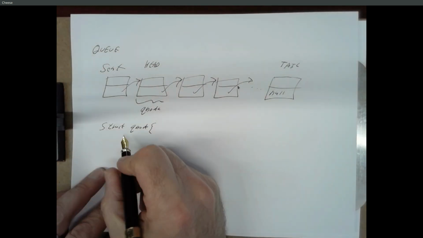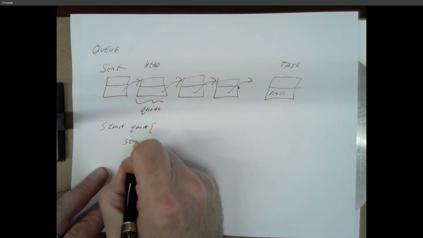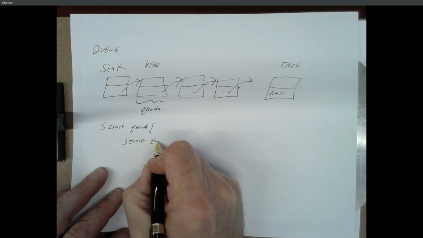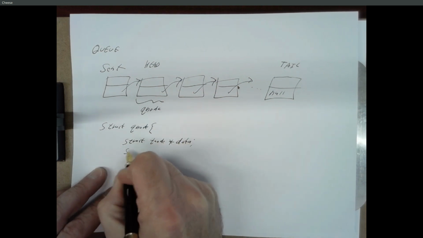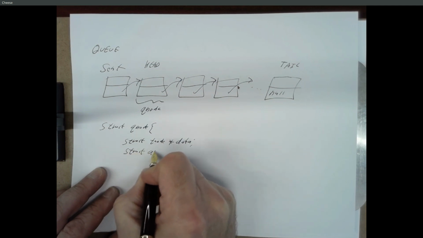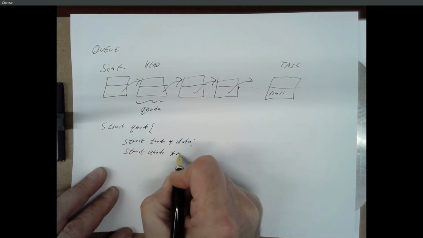So the linked list, which builds up our queue, is going to contain something like a struct tNode pointer called data, and then a struct qnode pointer called next.